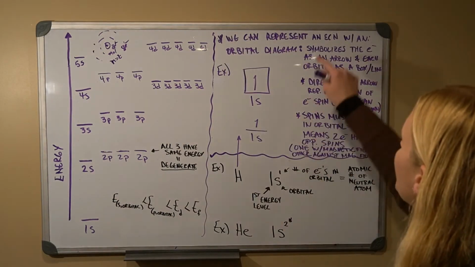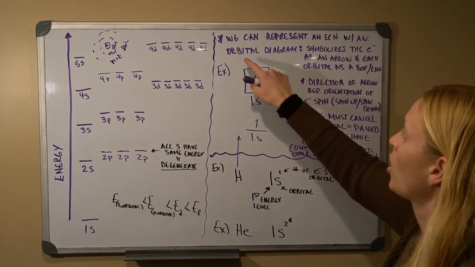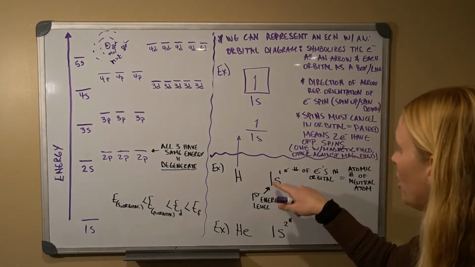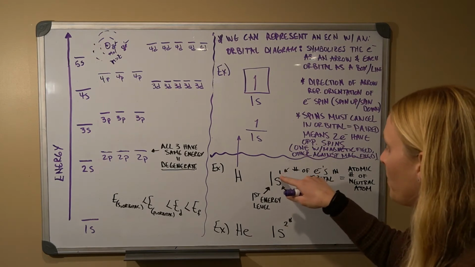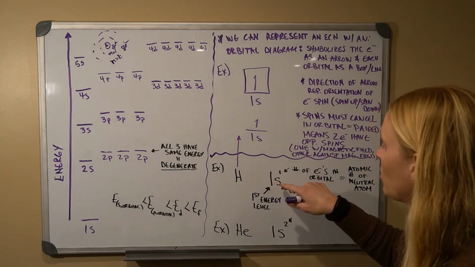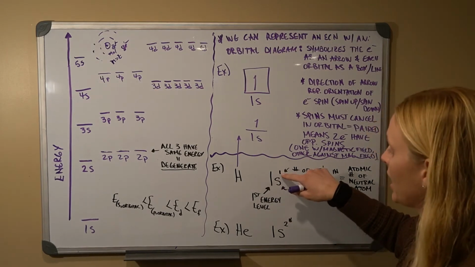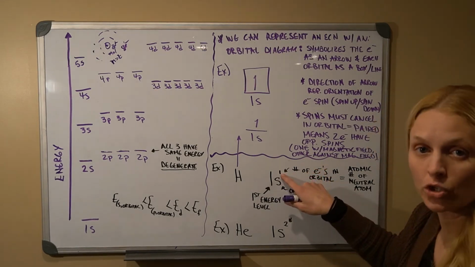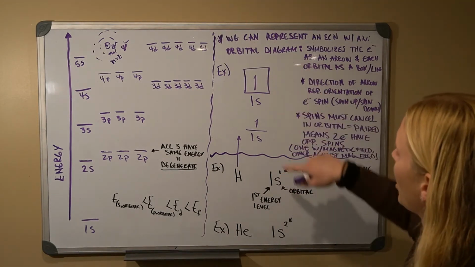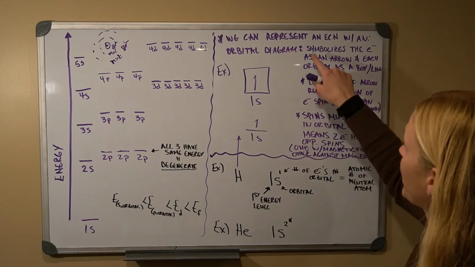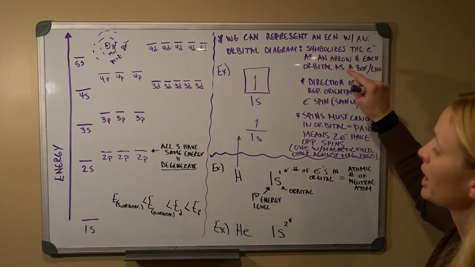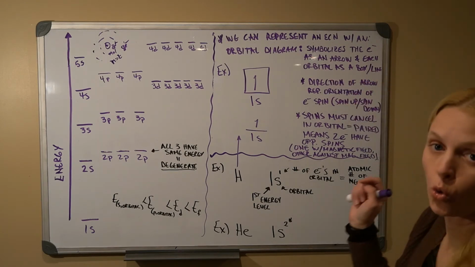Okay, so we can represent an electron configuration with something called an orbital diagram. Down here we have the electron configuration for hydrogen, which was 1s1. It is in the first energy level, the first row of the periodic table. It has an s orbital, and 1 is the number of electrons, which is equal to the atomic number. This can be represented as an orbital diagram, and the diagram symbolizes the electron as an arrow, and each orbital has a box or a line.